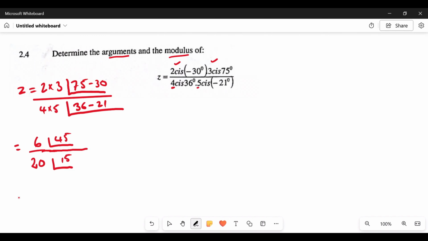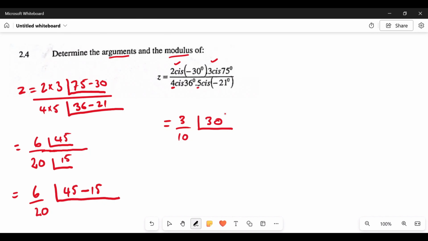There we go. So if you continue, the moduli are going to divide each other. So we can say 6 divided by 20. You don't really have to go further with this. As for the arguments, the one on the numerator, which is 45, is going to be positive, and the one on the denominator, which is 15, we subtract. So our final answer is going to be 3 over 10, and then our argument is going to be 30 degrees.